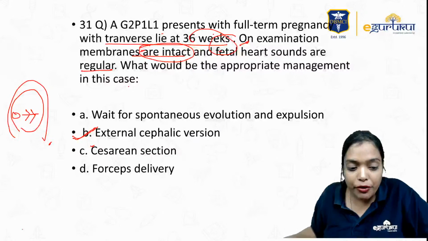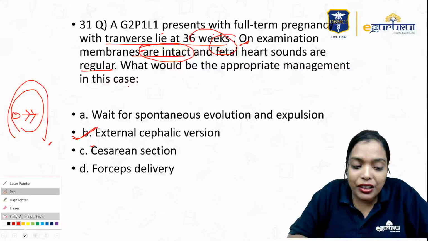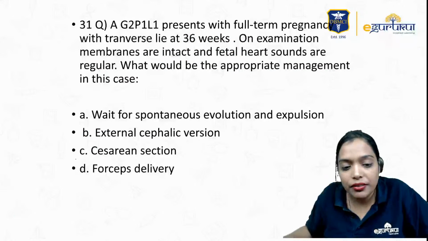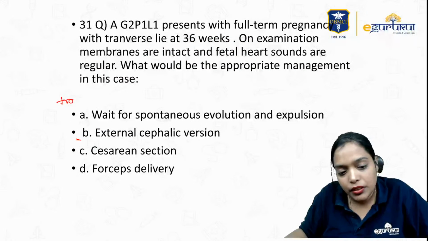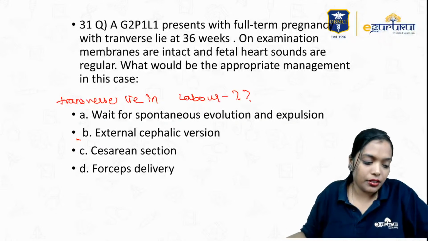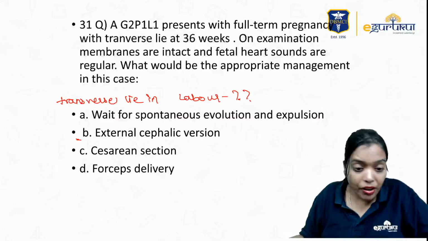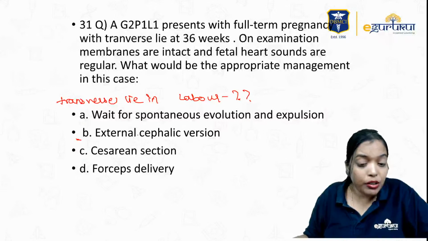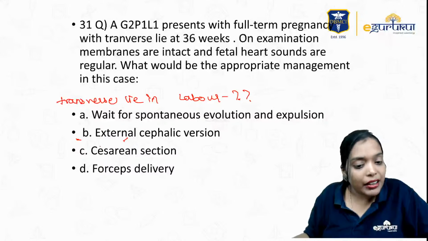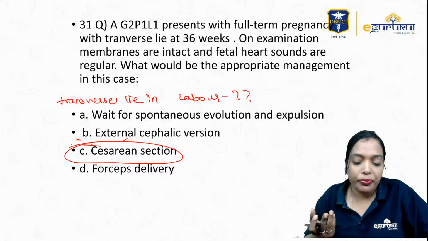But if the same question I would have given with the patient in labor, transverse lie with labor, then what will be your answer? So if you have transverse lie in labor, then you will go for direct cesarean section because ECV cannot be done in labor, right?